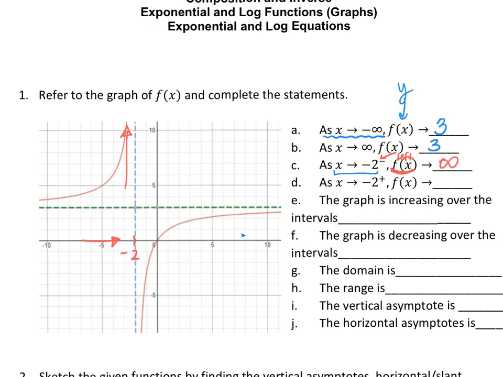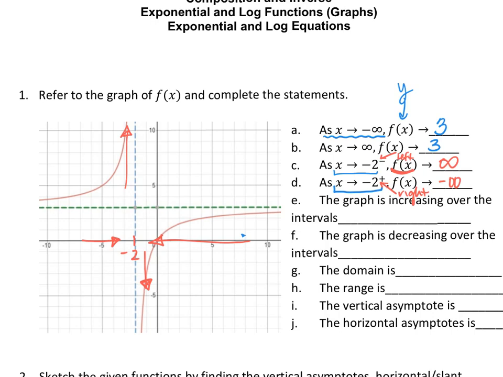Now, as our x's approach negative 2, but this time from the right, from the positive side, our y values are shooting downward, so we would say to negative infinity.